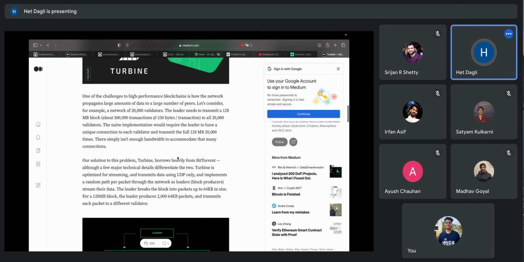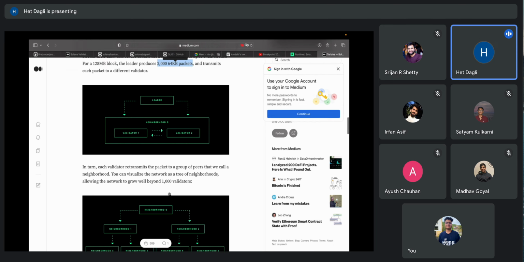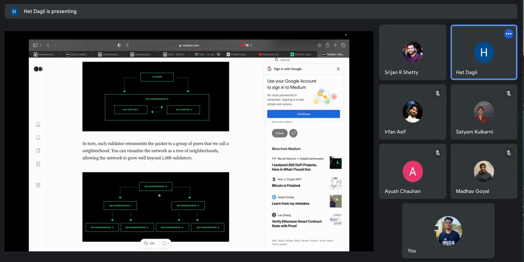You have Turbine shreds. This is how they do it: 64 KB packets, and it goes in a tree structure like this. Also interesting is that this is stake weighted, so the validator with the highest stake will be closer to the leader. Neighbor one, neighbor two will be someone with very high stake.